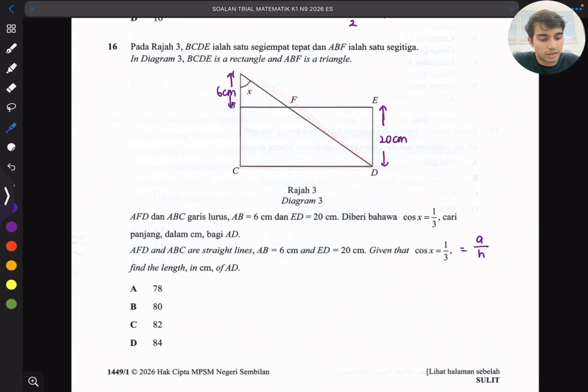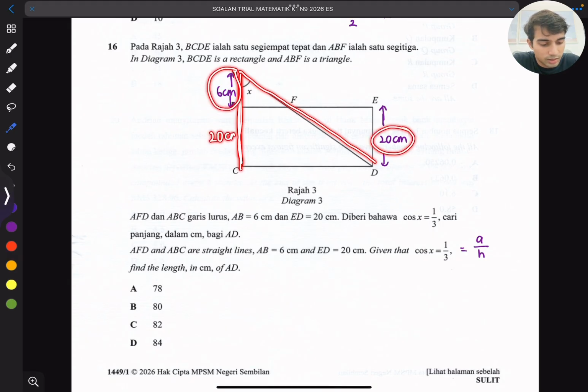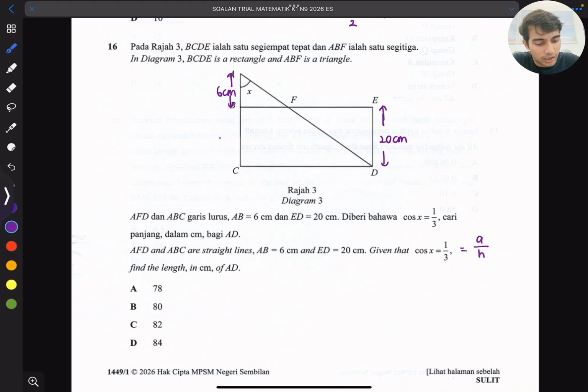Cos is adjacent over hypotenuse. So the adjacent here is 6 plus 20. Here also 20, so here also will be 20. So we can say our adjacent is 26. From x, adjacent is 26 and the hypotenuse is AD.